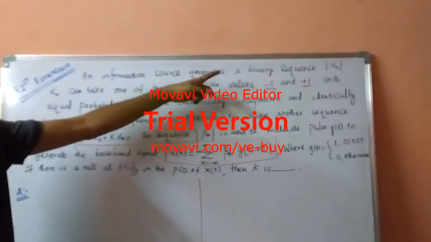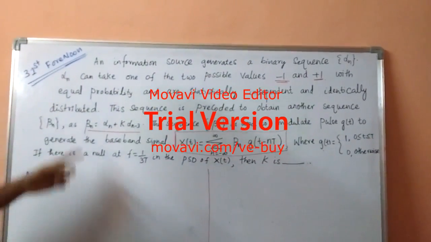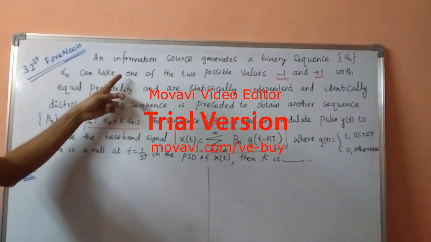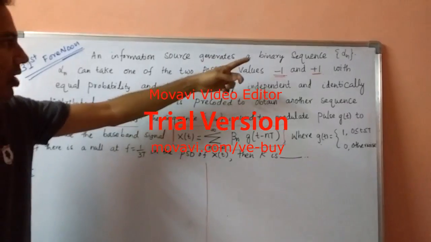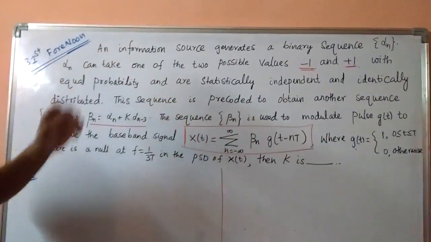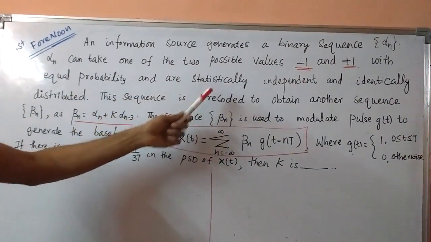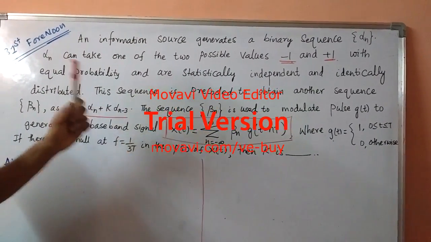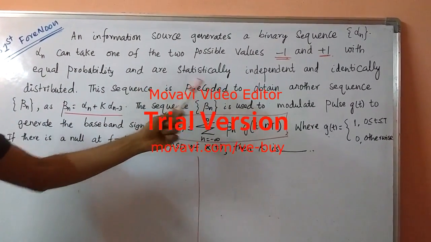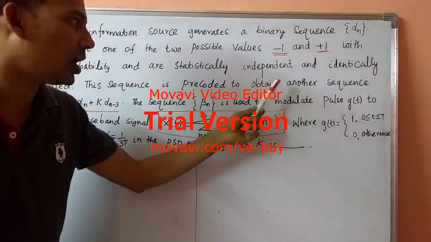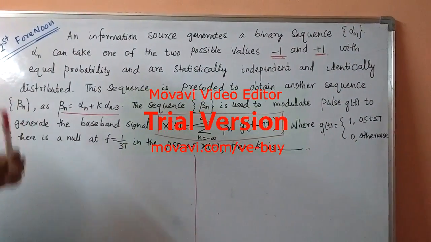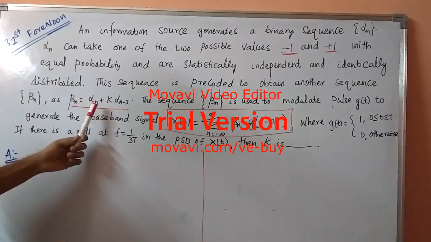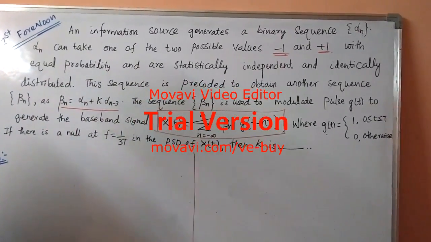It generates a binary sequence alpha n. Alpha n can take one of two possible values, -1 and +1, with equal probability and is statistically independent and identically distributed. This sequence is precoded to obtain another sequence beta n, as beta n equal to alpha n plus k into alpha n minus 3.